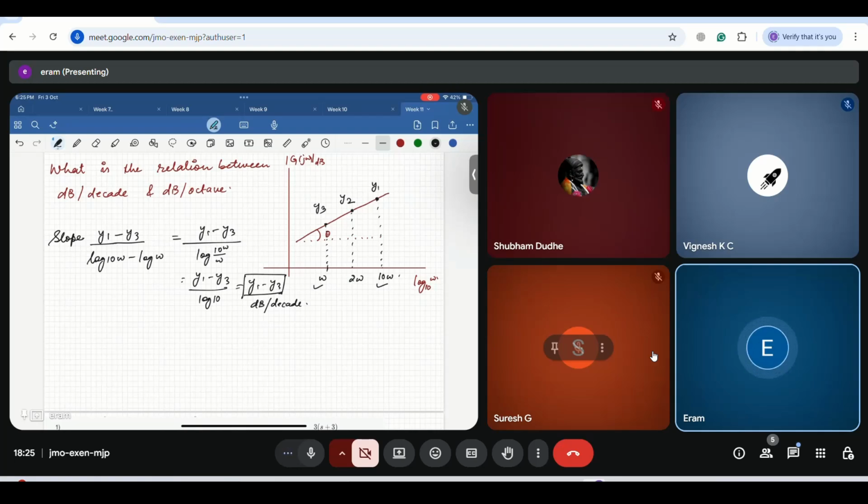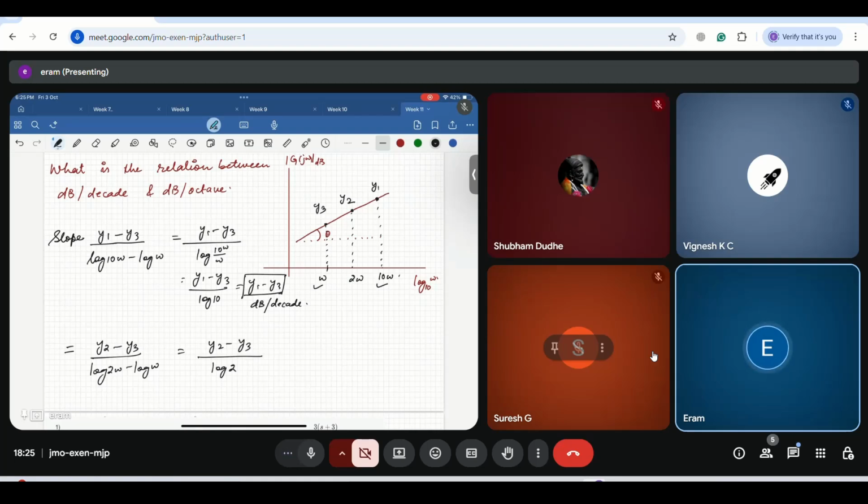Now this slope is also equal if I take points y2 minus y3 divided by log of 2 omega minus log omega. Okay, slope remains same. So it is y2 minus y3 divided by log 2, because log 2 omega by omega gives you log 2.